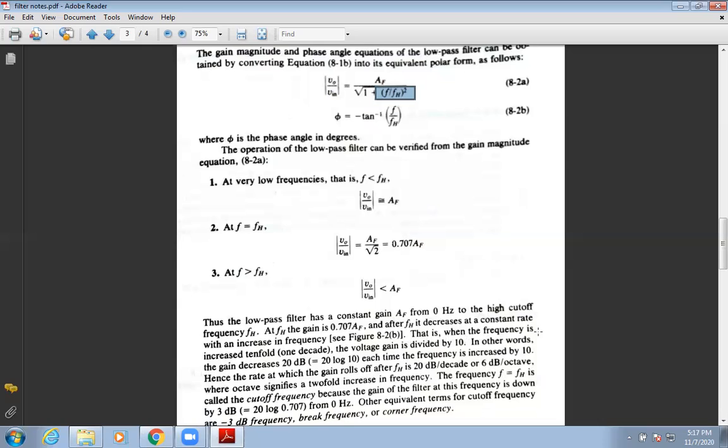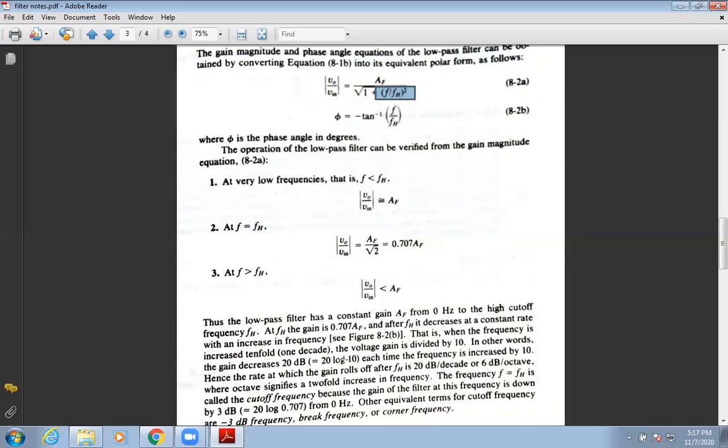That is, when the frequency is increased 10 folds, that is 1 decade, the voltage gain is divided by 10, or in other words, the gain decreases by 20 dB, because 20 into log 10 is always 20 dB.